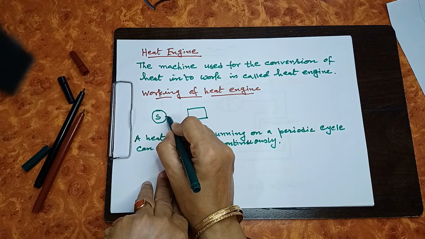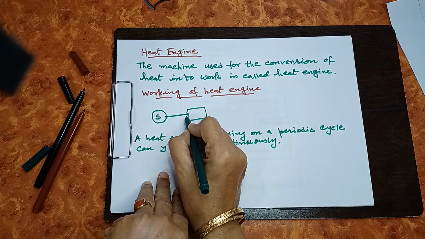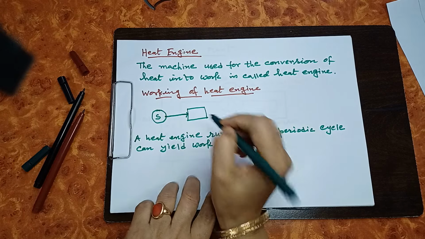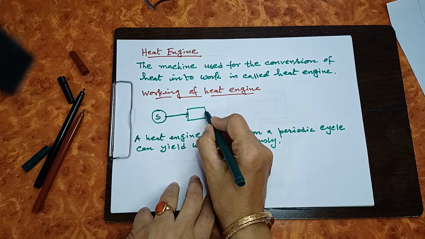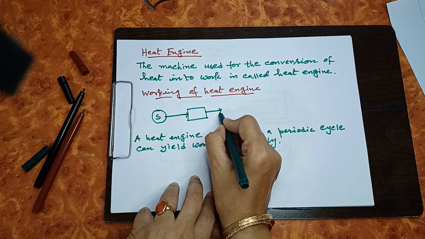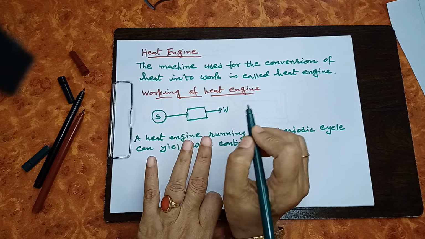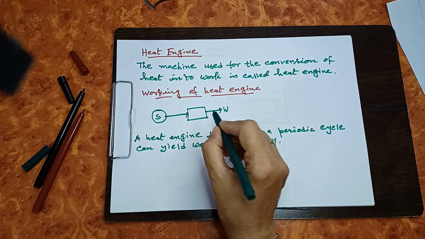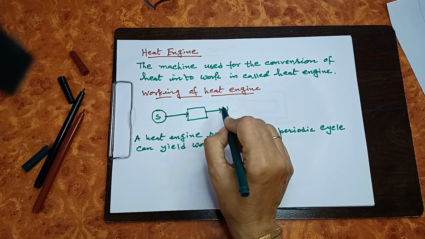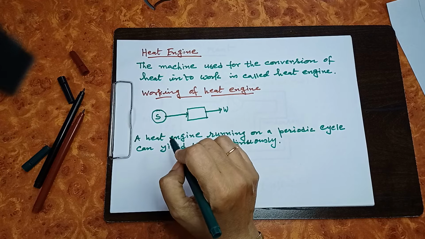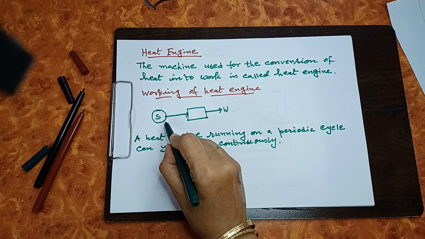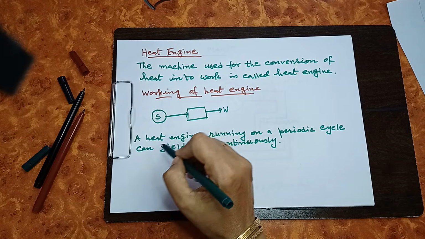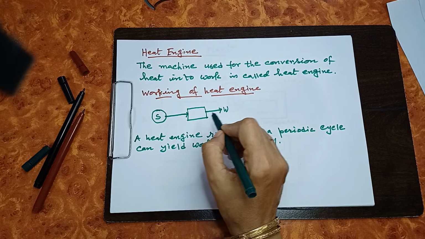Heat engine means it will transform heat energy to mechanical work. So if the heat engine absorbs heat from the heat reservoir or high temperature heat source, and then converts it completely to mechanical work, W, then that is a heat engine. But in my last video, you have seen that this type of heat engine is not possible. Because the heat absorbed by the engine cannot be completely converted to mechanical work.